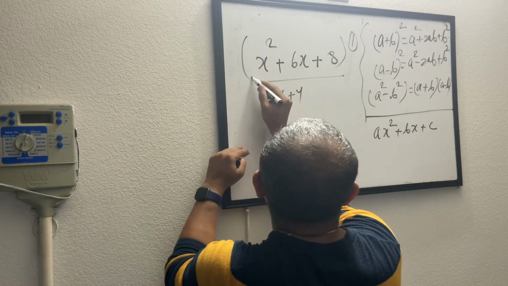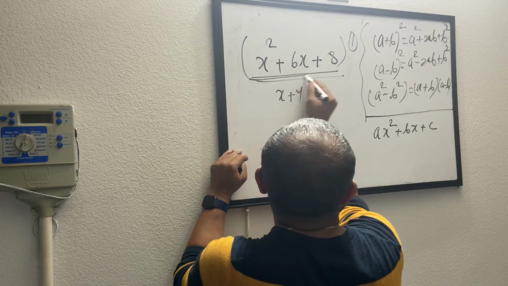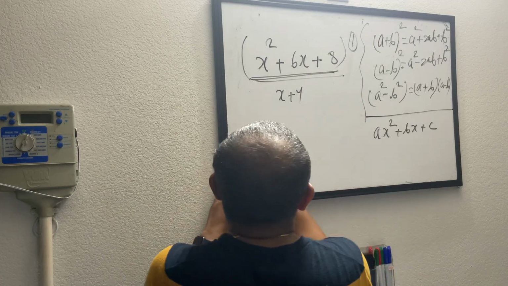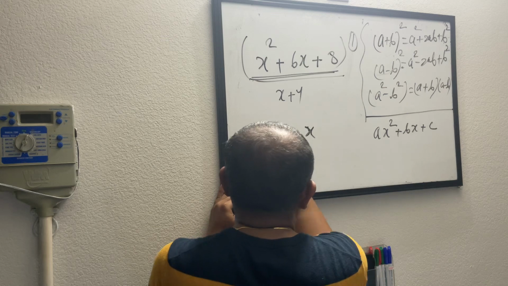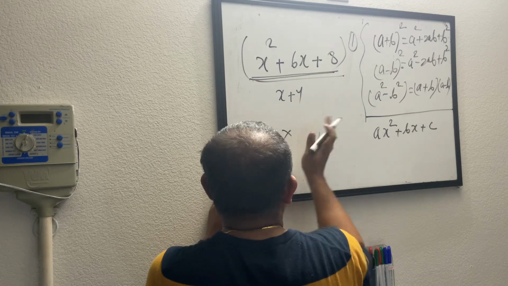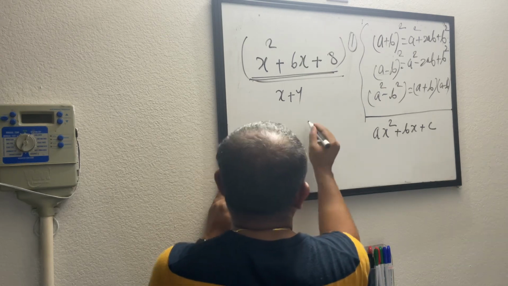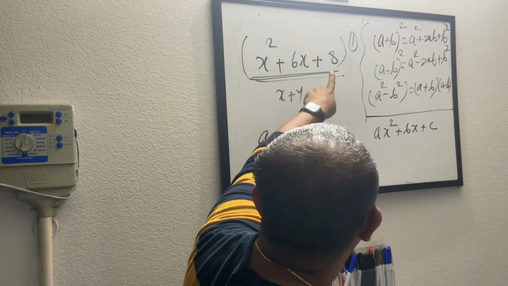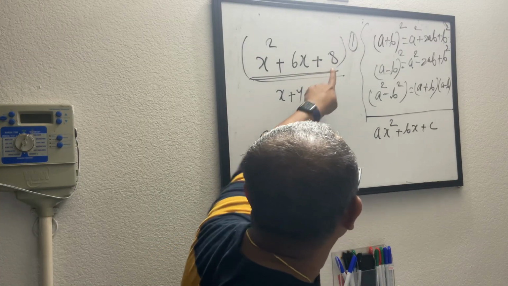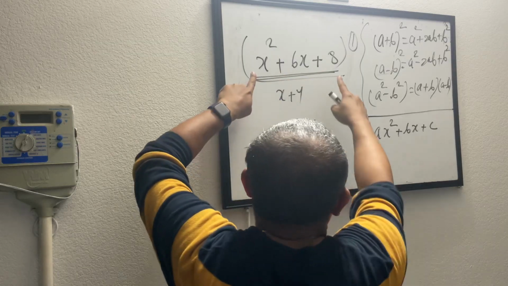When I look at the numerator, ultimately I'm trying to convert this into something. I don't know what this x is right now, let's say a into b. I'm trying to break it down into a into b. But for that, is this 8 a perfect square?